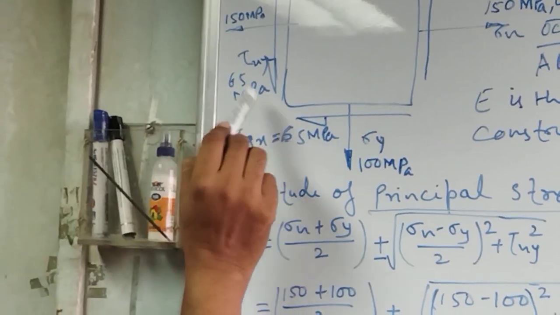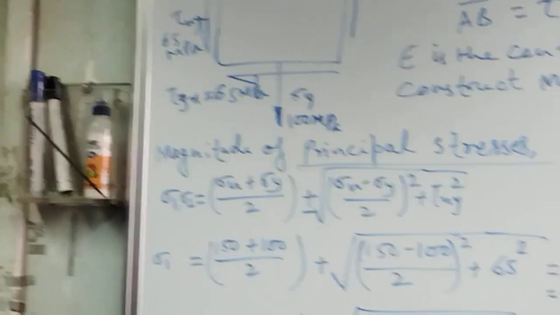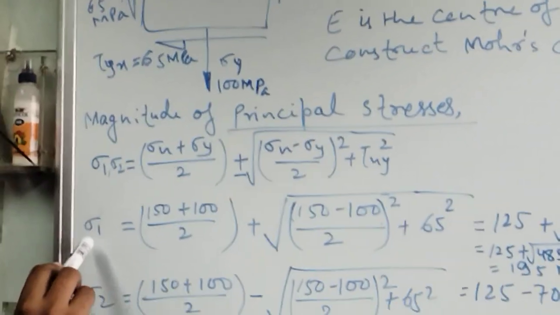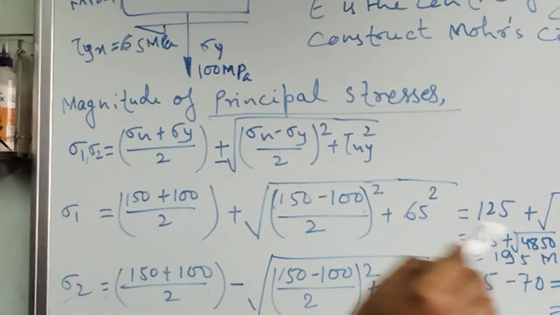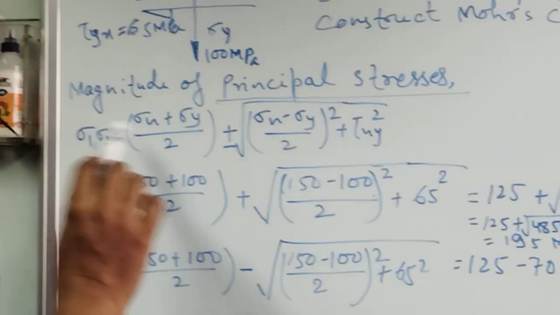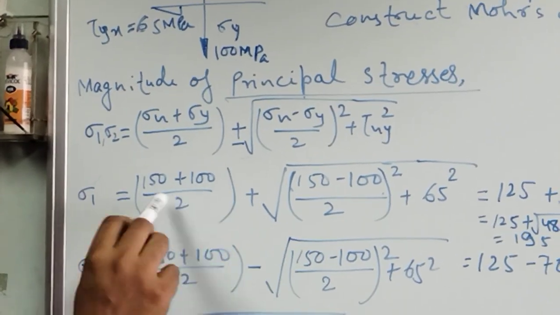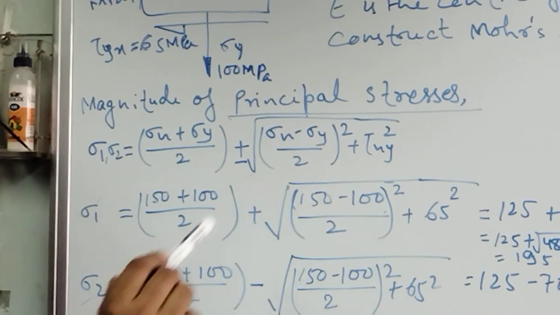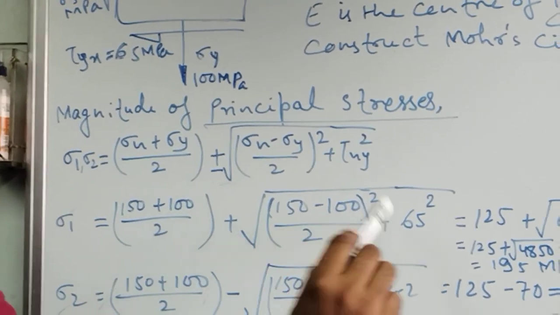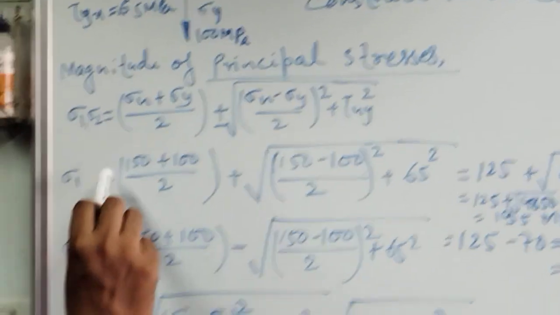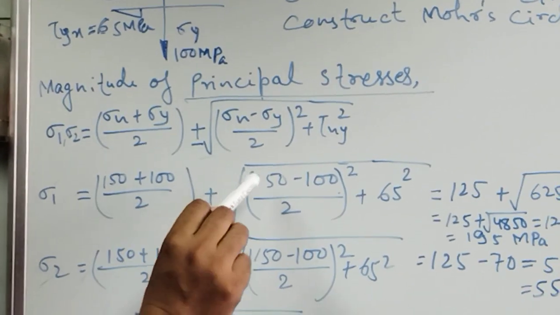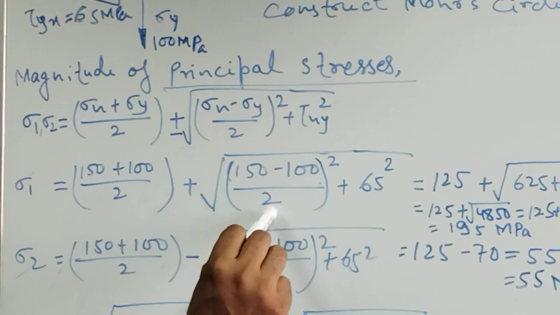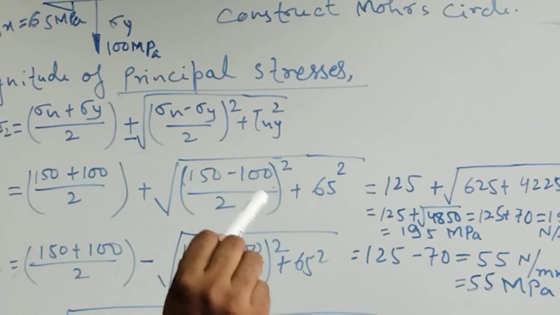This value is 65 megapascal. Now putting in all the values, sigma 1, the maximum normal principal stress, takes the positive root: (150 plus 100) by 2 plus root under ((150 minus 100) by 2) whole square plus 65 whole square.